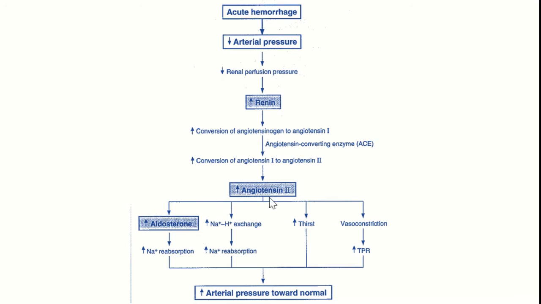Number one, it is a potent vasoconstrictor, so it is going to cause vasoconstriction that increases the peripheral resistance. Angiotensin II also causes the constriction of efferent arterioles that we have discussed before. Angiotensin II also leads to the formation of aldosterone, or increases the secretion of aldosterone from the suprarenal gland. We will discuss what this is going to cause.